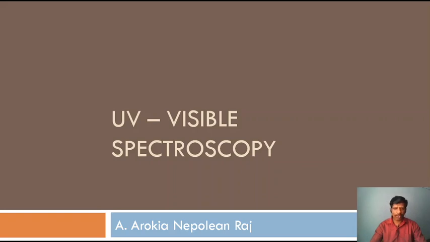You can reuse the same sample any number of times to record the same spectra. But in mass spectra it's not like this. There is no interaction, but it is ionization and fragmentation.